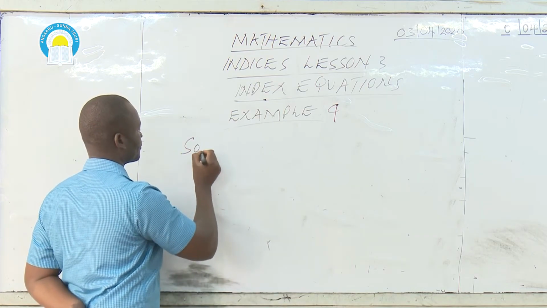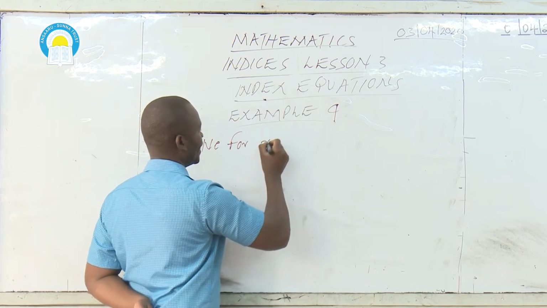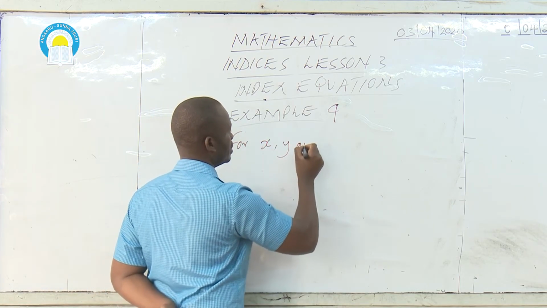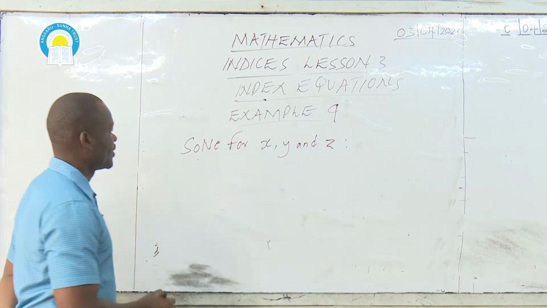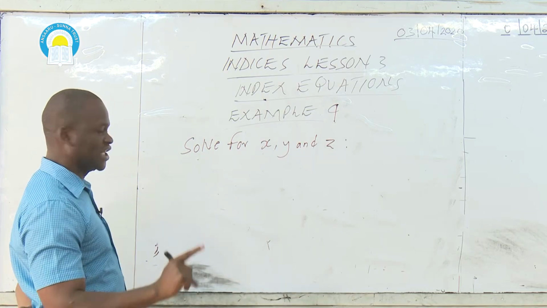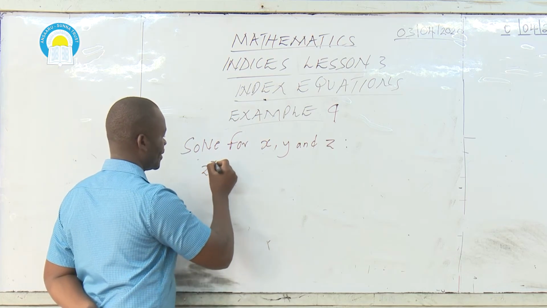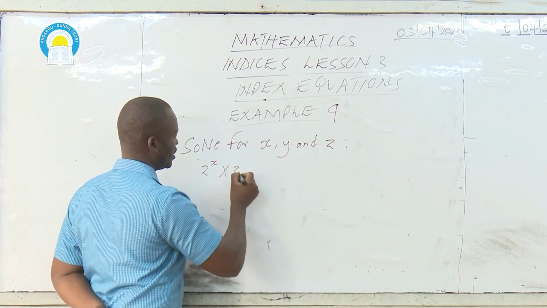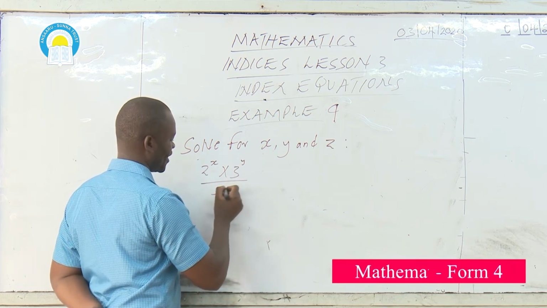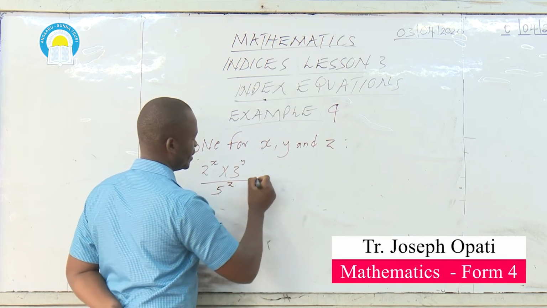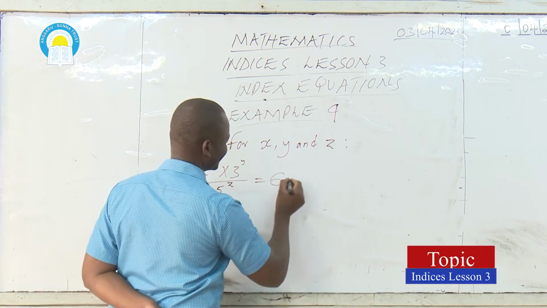You are told to solve for x, y, and z. So here we have 3 unknowns in one equation. This is the question: 2 power x times 3 power y over 5 power z is equal to, let's have 60.